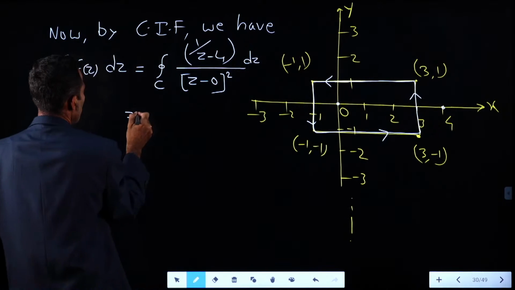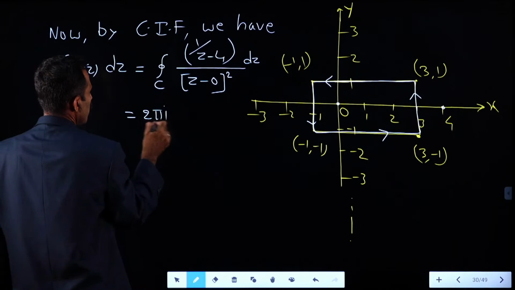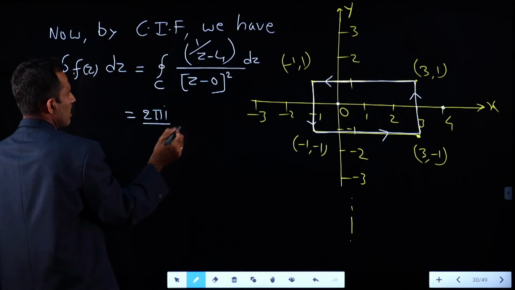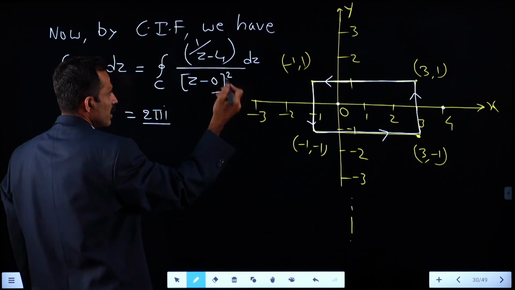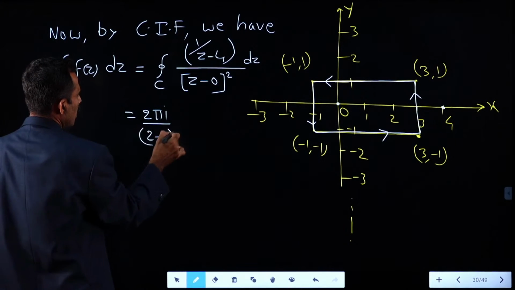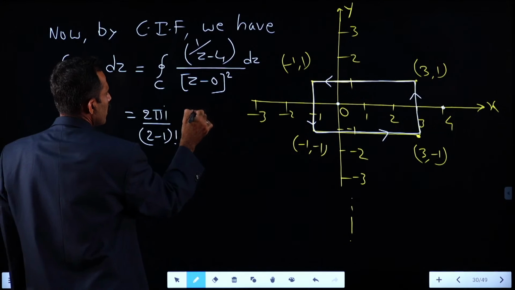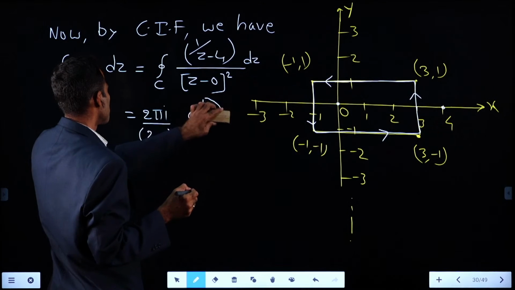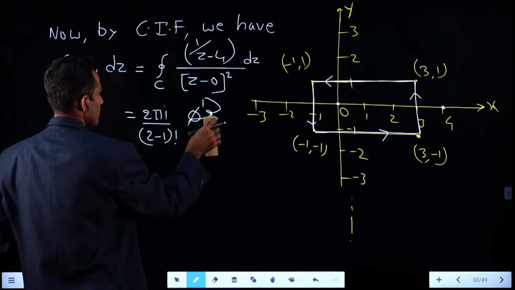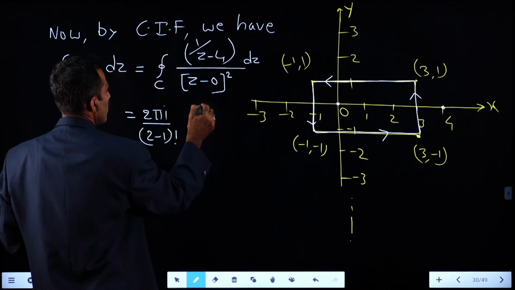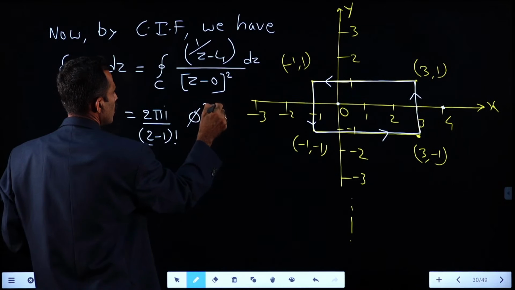This is equal to 2 pi i by, it is power n. If it is n, in the denominator n minus 1 factorial and the n minus 1 times derivative of phi, so 2 pi i by 2 minus 1 factorial into phi dash, because it is the n minus 1 times derivative, that is 2 minus 1 times derivative at the point z0.